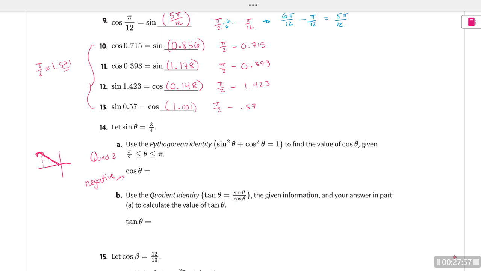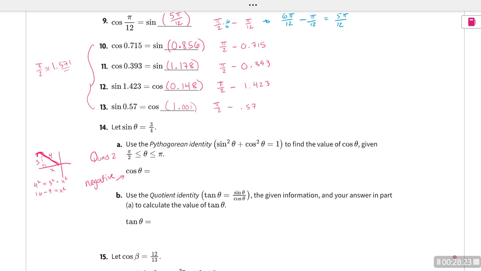But remember, I could do this by thinking, okay, my radius is 4, and my y value is 3, and I need to find my x value, and I could use Pythagorean theorem, right? I could do 4 squared equals 3 squared plus x squared. So we get 16 minus 9 equals x squared.